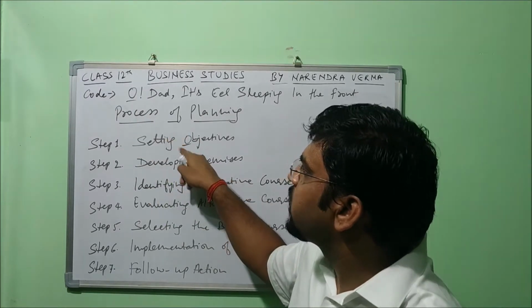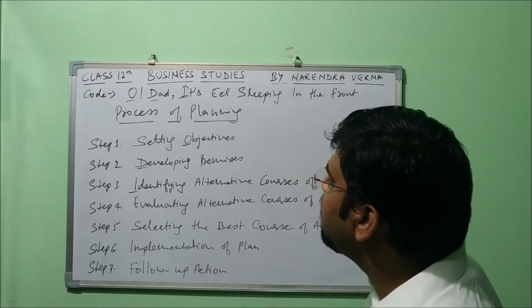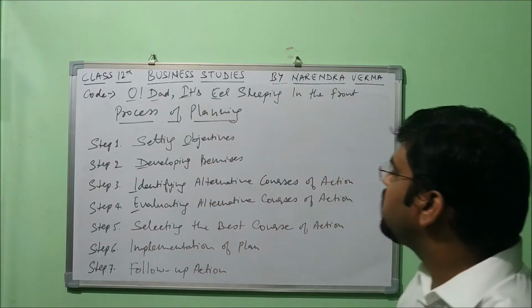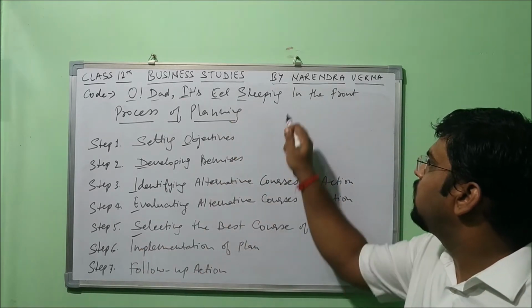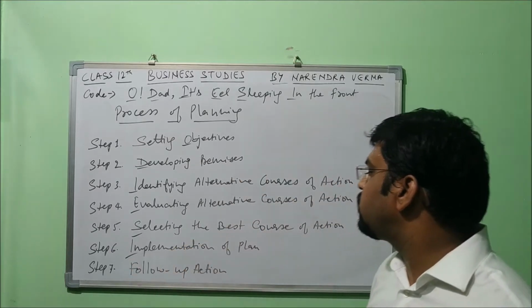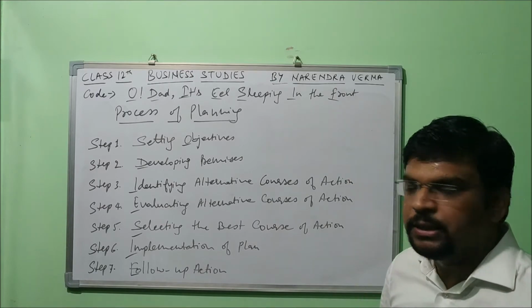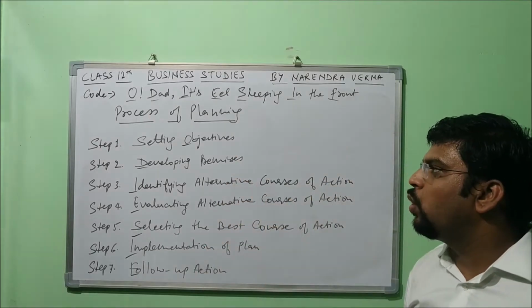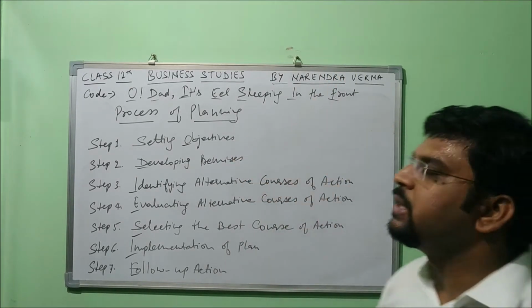O stands for objectives, D stands for developing premises, I stands for identifying alternative courses of action, E stands for evaluating alternative courses of action, S stands for selecting the best course of action, I stands for implementation of plan, and F stands for follow-up action, right? So that is how, with the help of this code, you can remember all the 7 steps together. Oh dad, it's eel sleeping in the front.